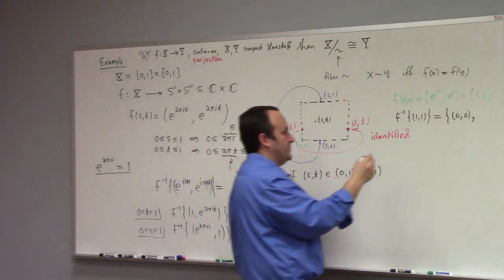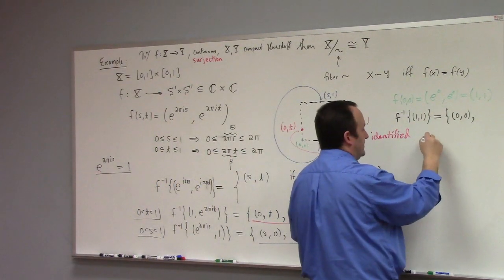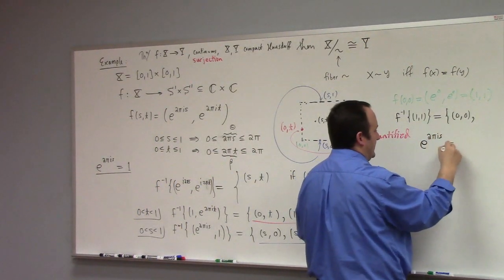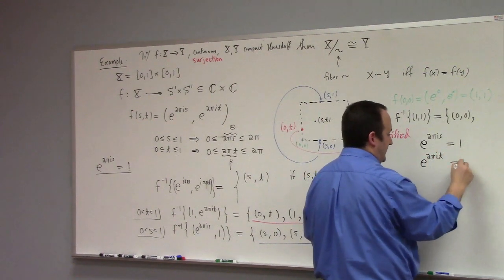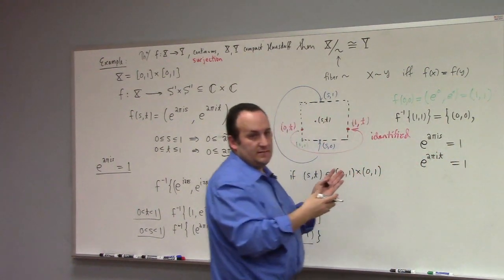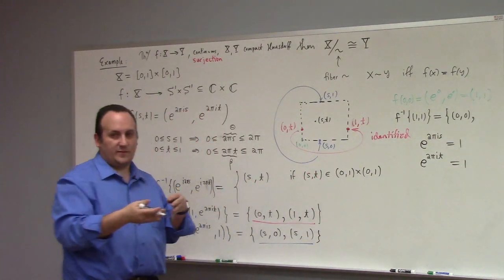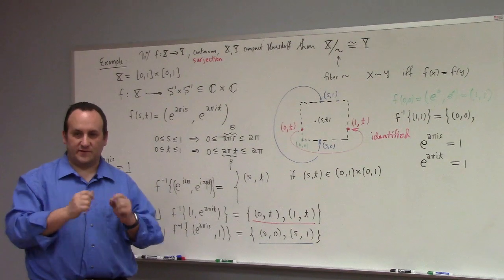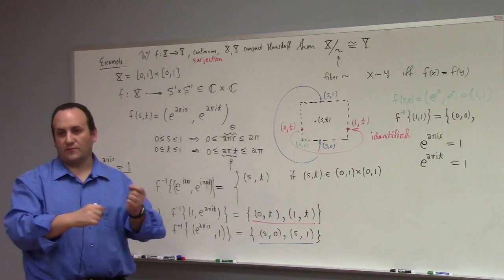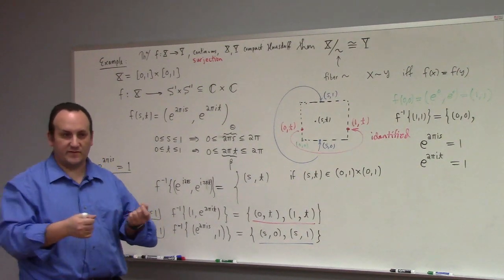Right, so we're essentially just solving e^(2πis) equal to 1 and e^(2πit) equal to 1. We're solving those simultaneously. And so that means that s and t are both integers, but because of where they're coming from, that means we can either have (0, 0), (0, 1), (1, 0), or (1, 1), which is, of course, the four corners of the square.